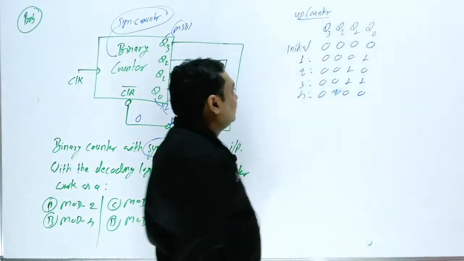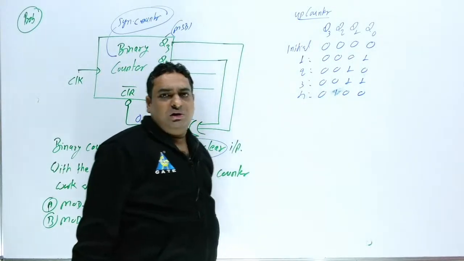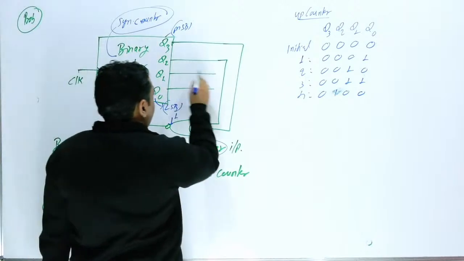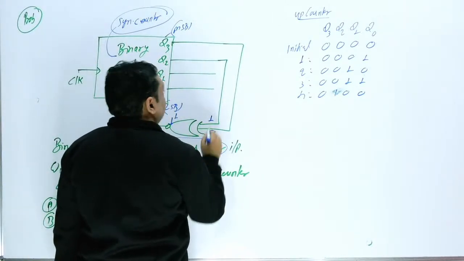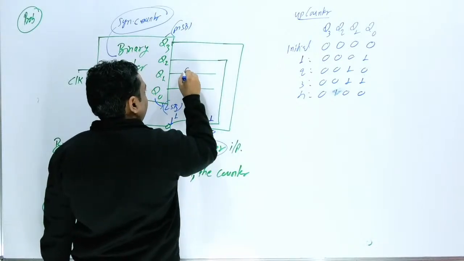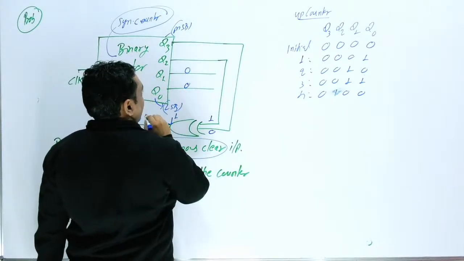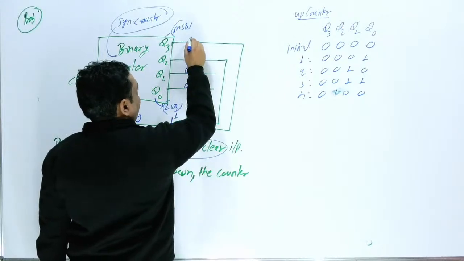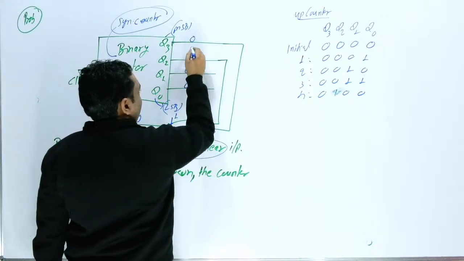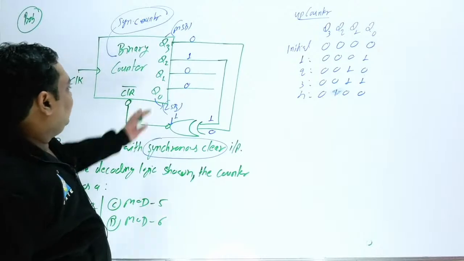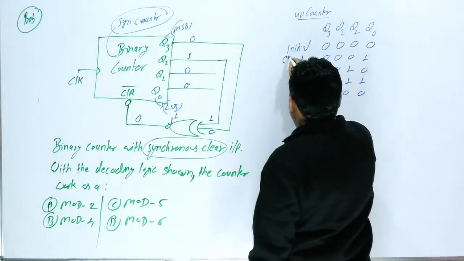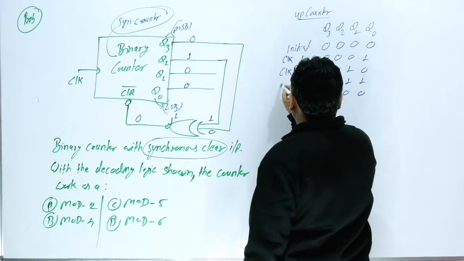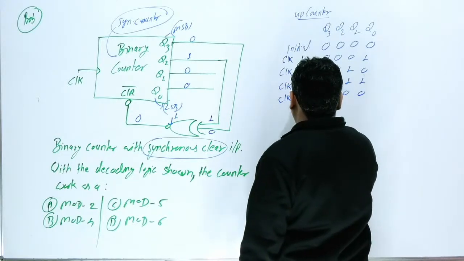In the fourth clock, Q3 and Q2 are different, so this will be clear. This is clock number 1, clock number 2, clock number 3, and clock number 4.